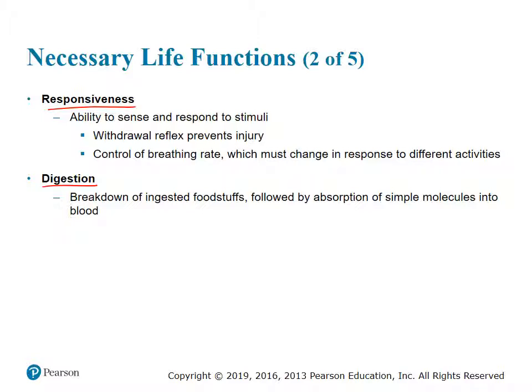Digestion. Now, we commonly think of digestion in the human body as taking in food, esophagus, stomach, small intestine, large intestine, breaking the food down, bringing the food into your body or nutrients into your body, etc. And that's true.